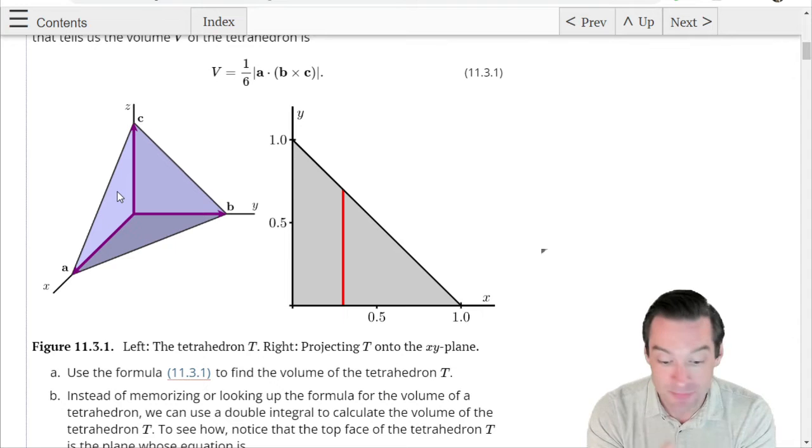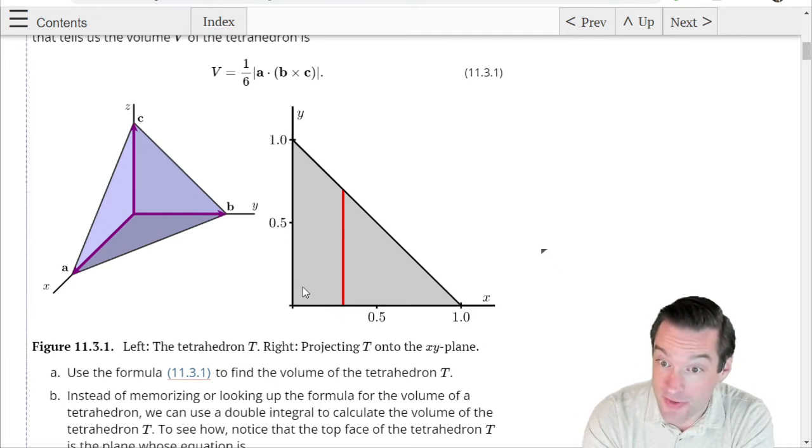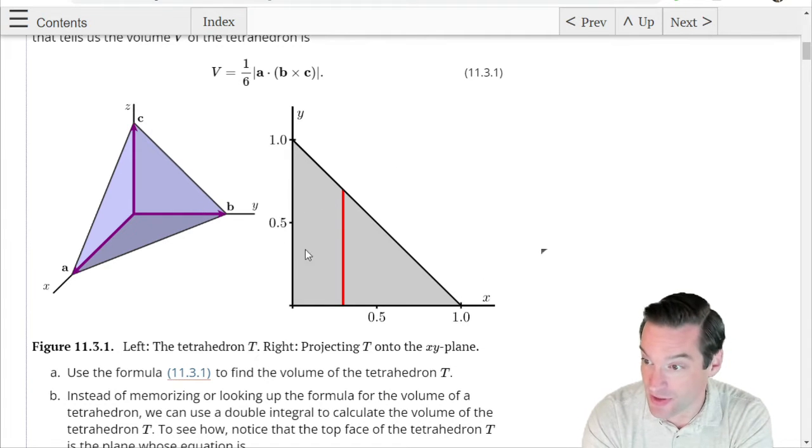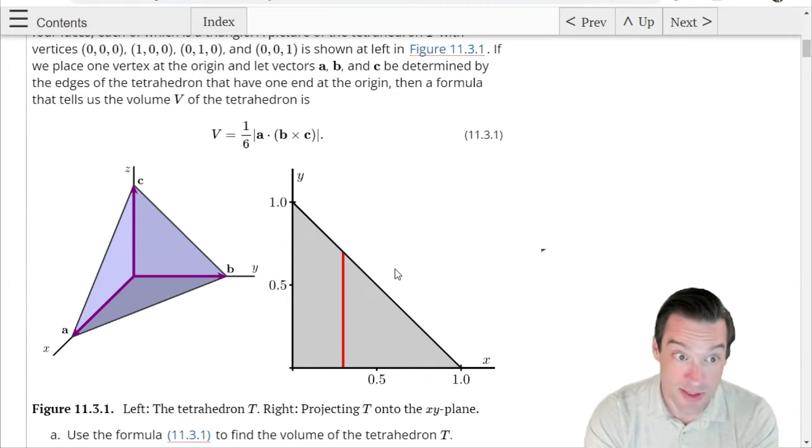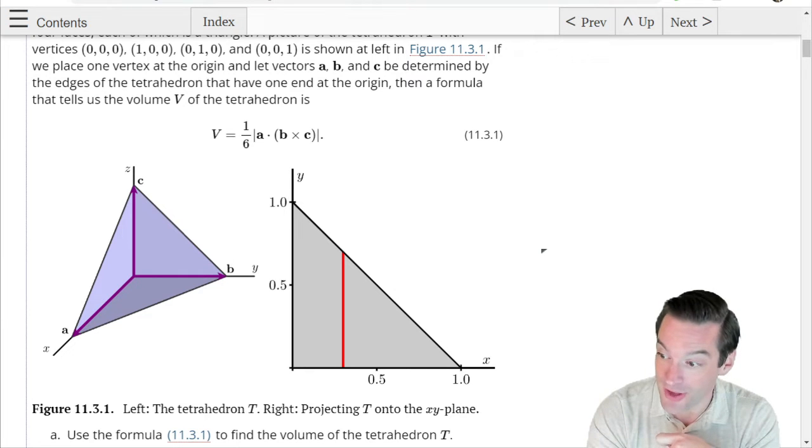And by doing so, figure out what region in the xy plane we would need as our region of integration. The region in the xy plane that becomes the region of integration is this triangle marked here with vertices at 1, 0 and 0, 1 and the origin. This problem is going to walk us through finding inequalities that describe x and y that give us exactly this shape, and that could then let us find the volume of this tetrahedron using a double integral instead.